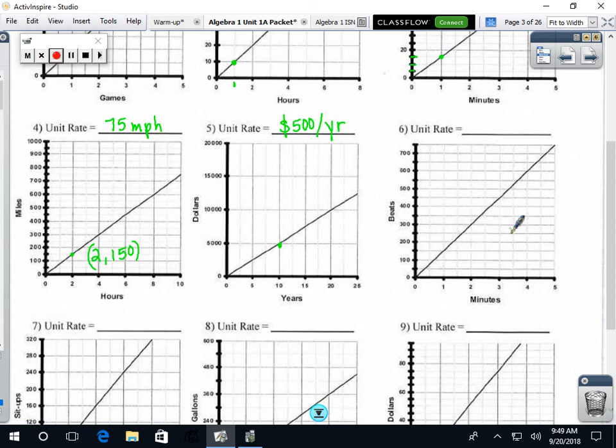Where is a good point for this one? Nice point. Okay, so you go right 1, up 150. That would be 150 over 1, so 150 beats per minute.